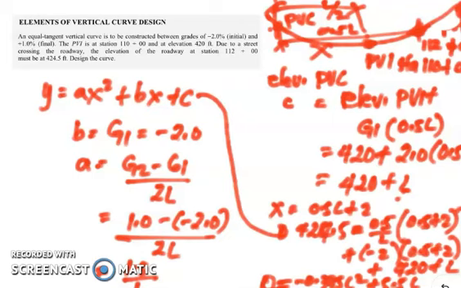One value is 1.187. The value 1.187 for L is not feasible, because if you observe, our distance alone from PVI towards this point of interest is already 2 stations. So L is not 1.187. L should be greater than that, and the other value is 13.466.